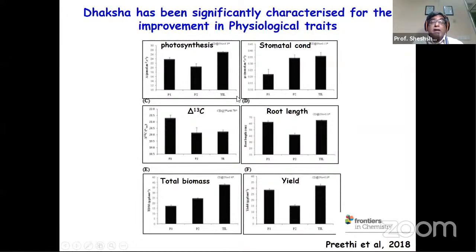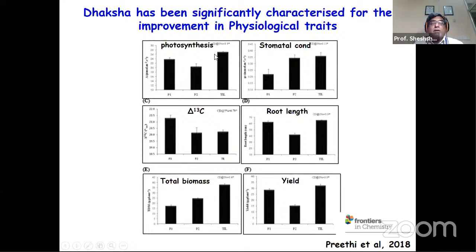And we identified several trait introgressed lines where both the root as well as the water use efficiency were high.